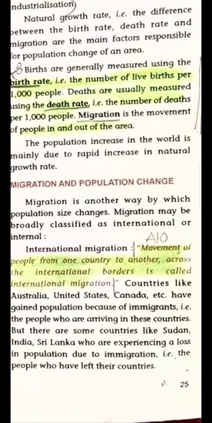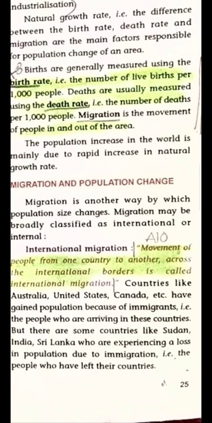Countries like Australia, the United States and Canada have gained population because of immigrants, that is, people arriving in these countries. But some countries like Sudan, India and Sri Lanka are experiencing a loss of population due to emigration, that is, people who have left their countries.